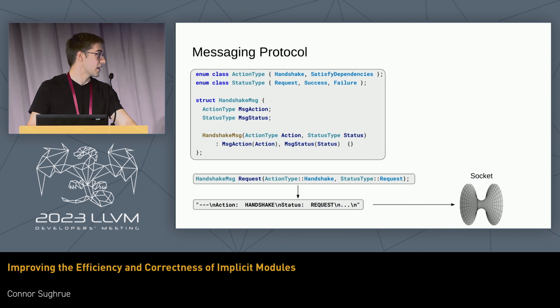This is an example of the handshake message. The handshake message contains an action type and a status type. As you can see, we initialize an instance of the handshake message, use YAML I/O to convert that into a string, which then gets written out to the socket.